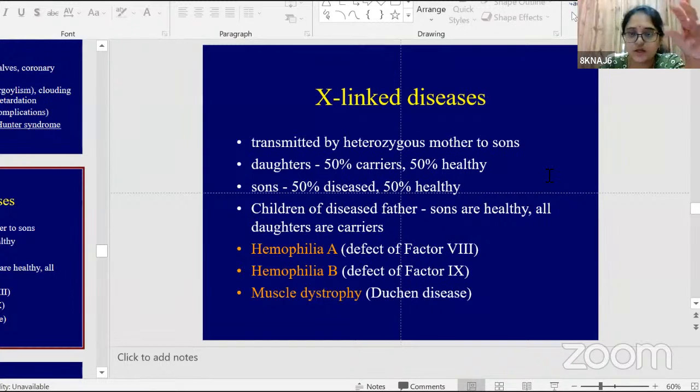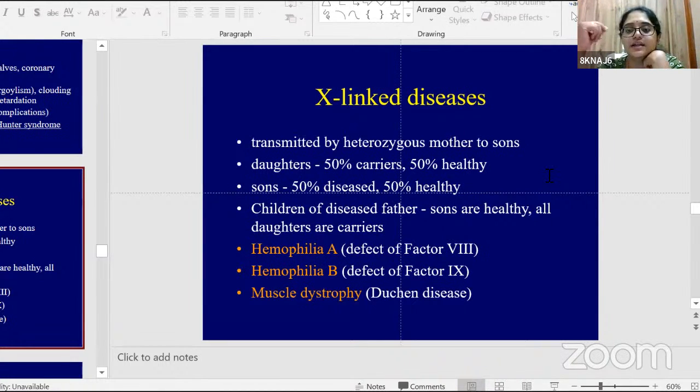And daughters have two X chromosomes, one from the mother and one from the father. If the recessive X comes from the mother and the normal X from the father, daughters will be 50% carriers or 50% completely healthy. If the carrier mother gives rise to a son who gets the affected X, he will have that particular X-linked disease.